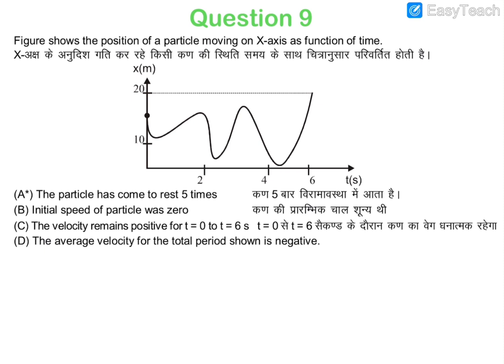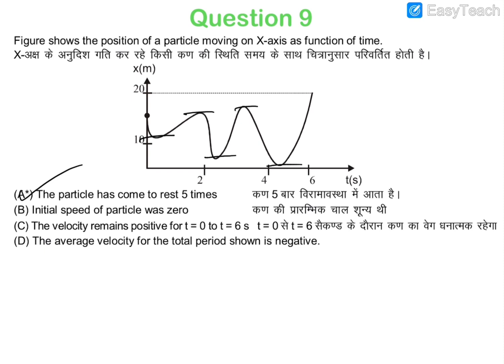So obviously you can see that this graph has zero slope 5 times: 1, 2, 3, 4, 5, and we know that the slope of a displacement-time graph represents the velocity. So the velocity of this particle would be 0 five times. So option A is correct.